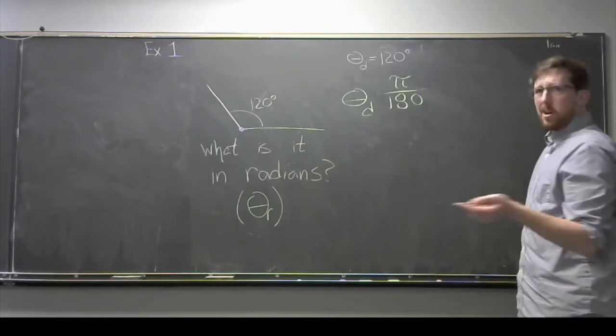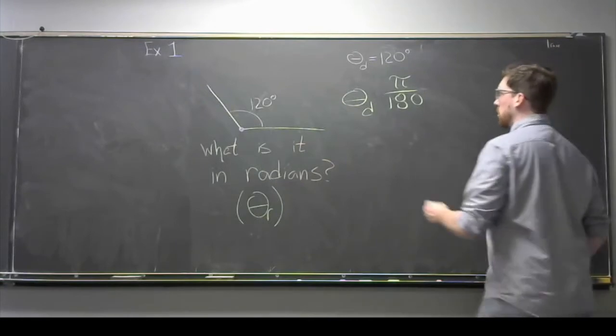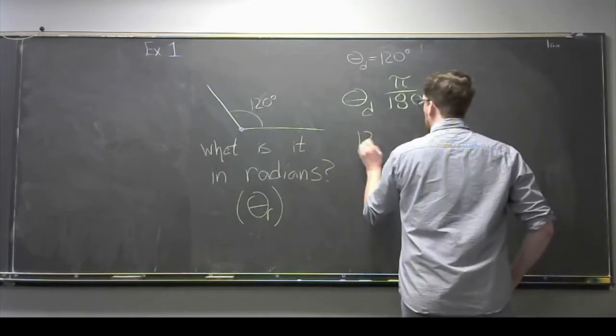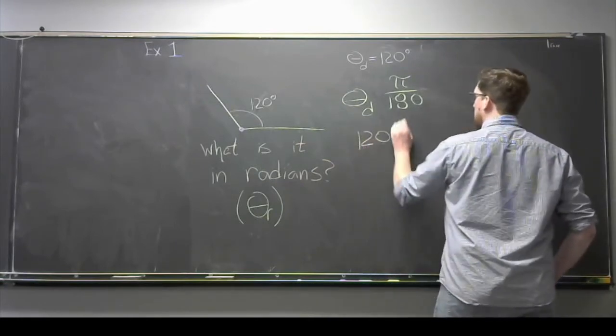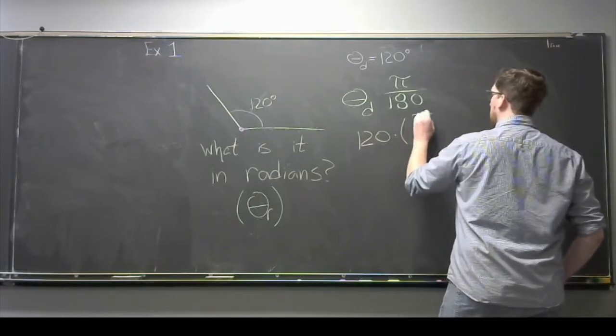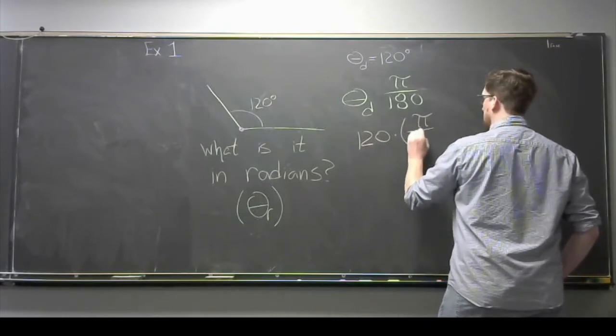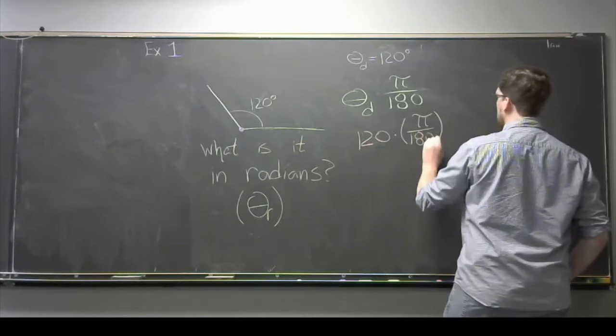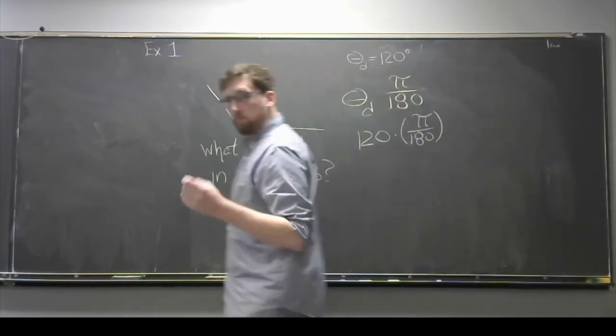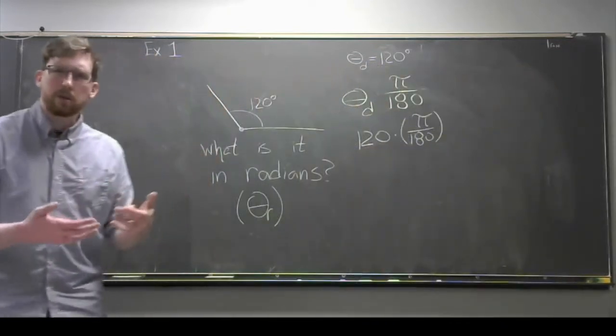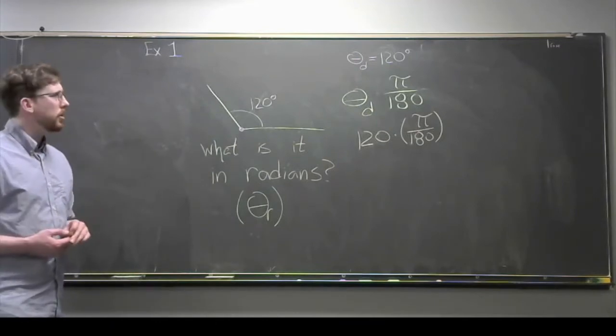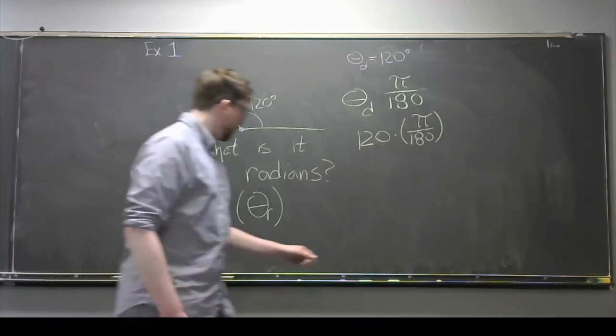So we just plug in 120 degrees now. Cool. 120 times pi over 180. Well, we can rearrange our terms and reduce our fraction. So let's do that.